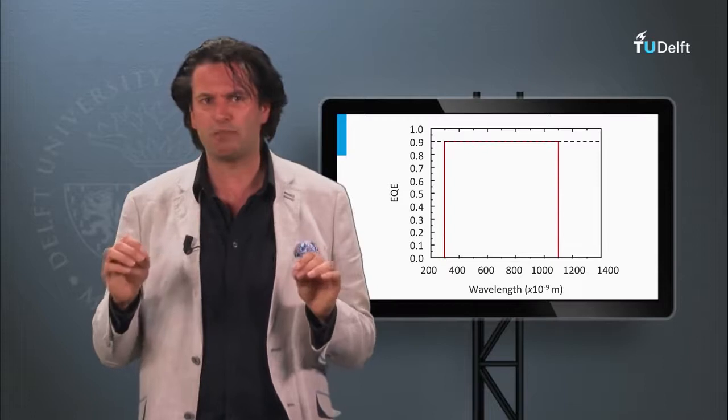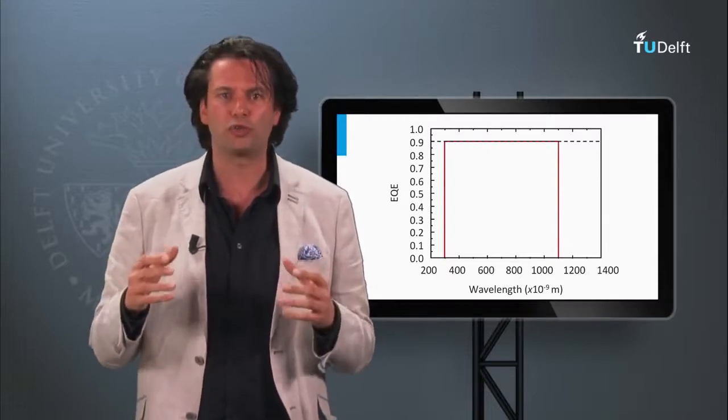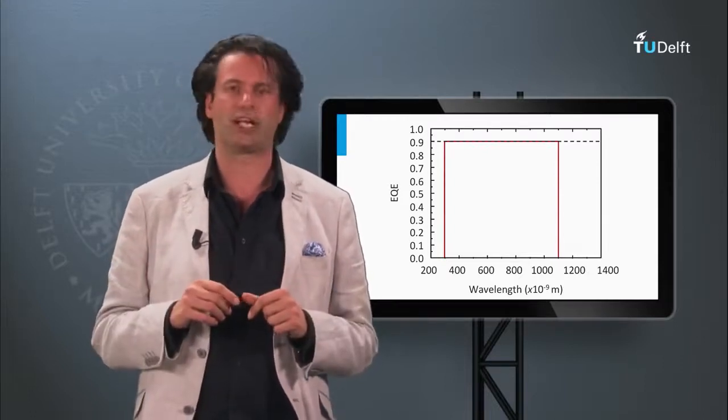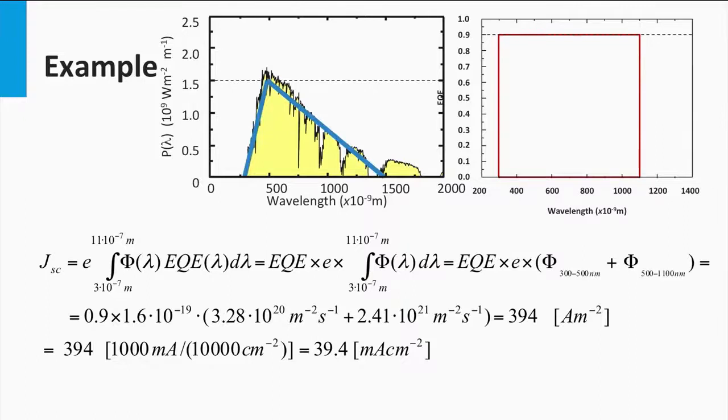Or in other words, 10% of the photons do not result in the collection of an electron. The short circuit current density is the integration over the area of the product of the EQE and the simplified spectral photon flux. If we do this exercise, we arrive at 39.4 milliamps per square centimeter.